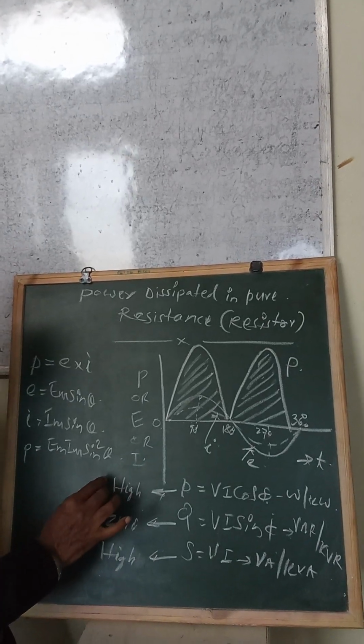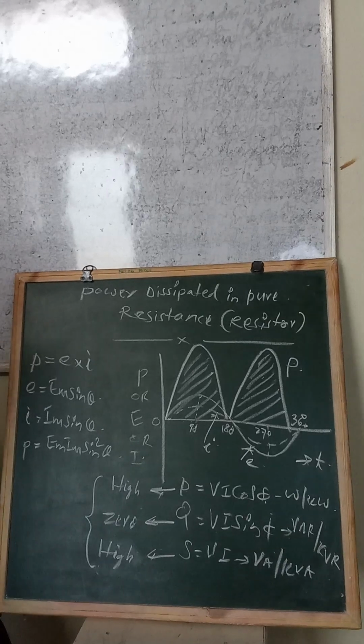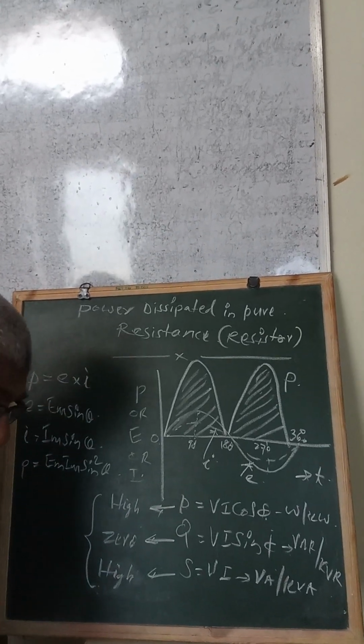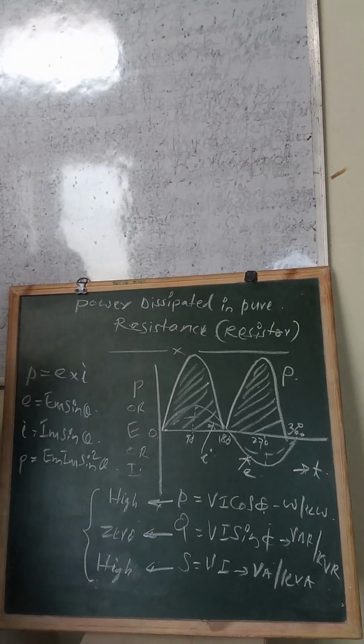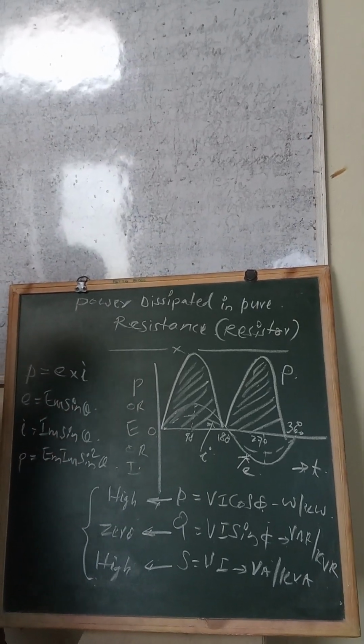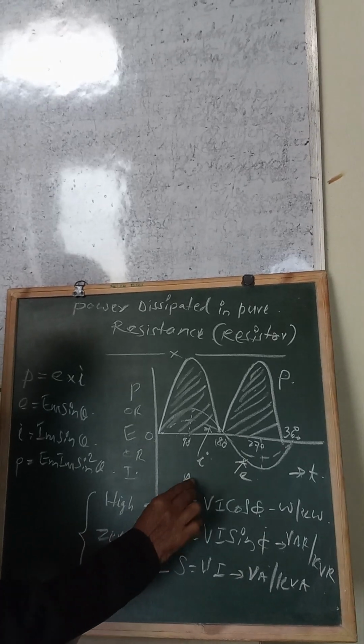And logically, you can see here, the power dissipated is always Vi cos phi, the active power, which is called the active power AP.